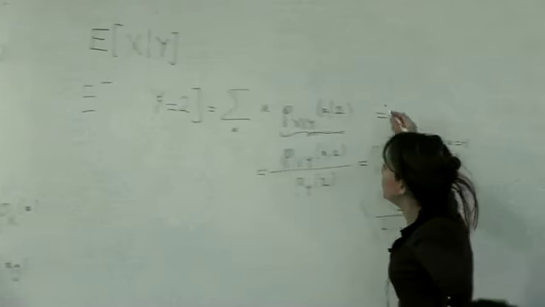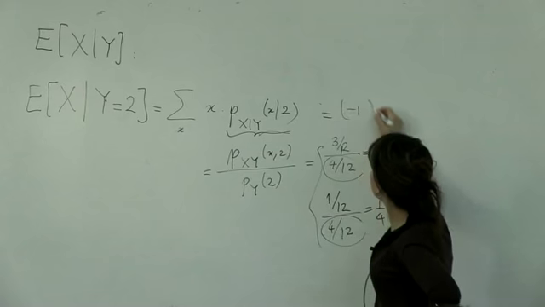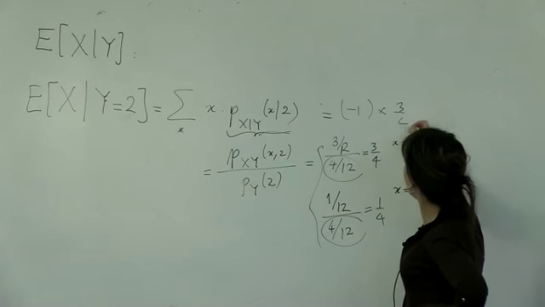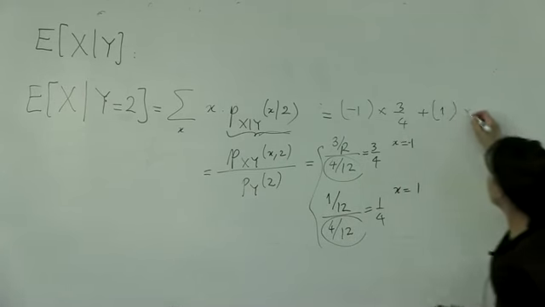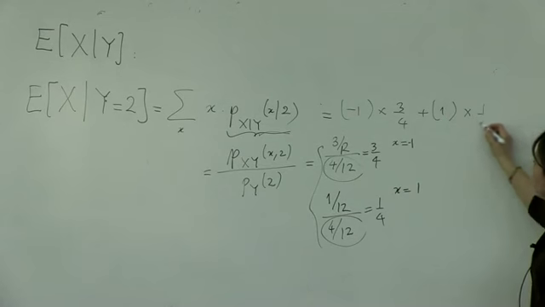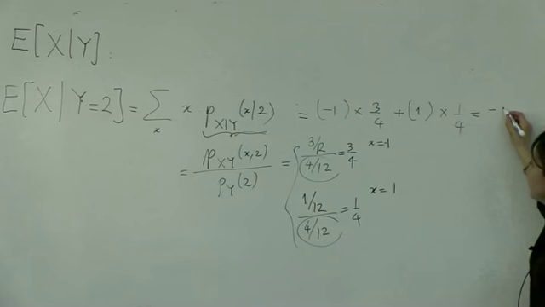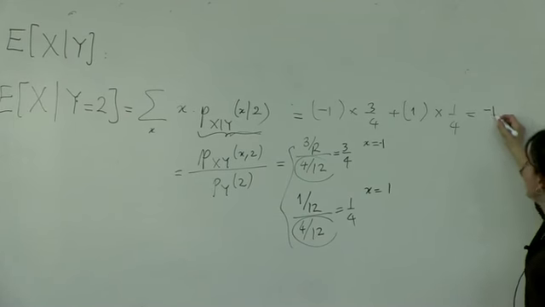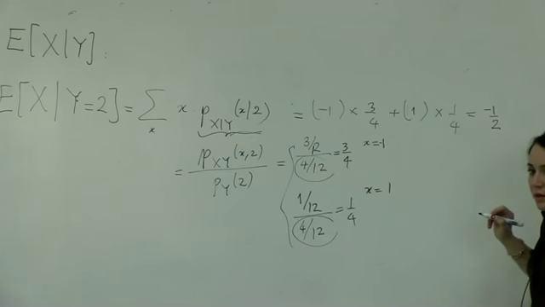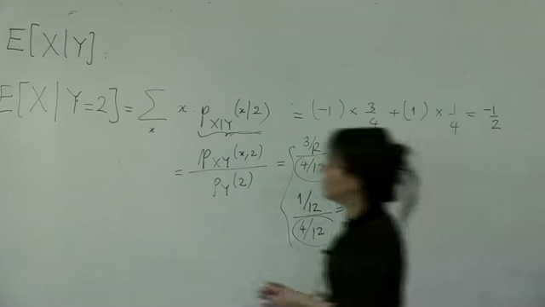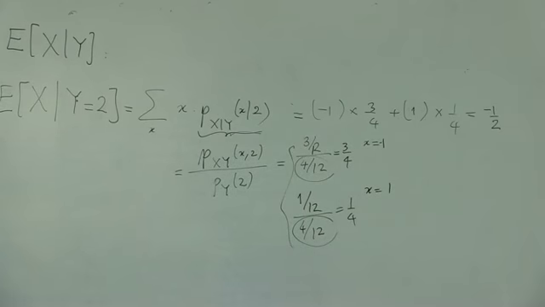Okay, so -1 times 3 over 4 plus 1 times 1 over 4. And it comes out to be -2 over 4, -1/2. Okay, so the center of gravity comes out to be here.